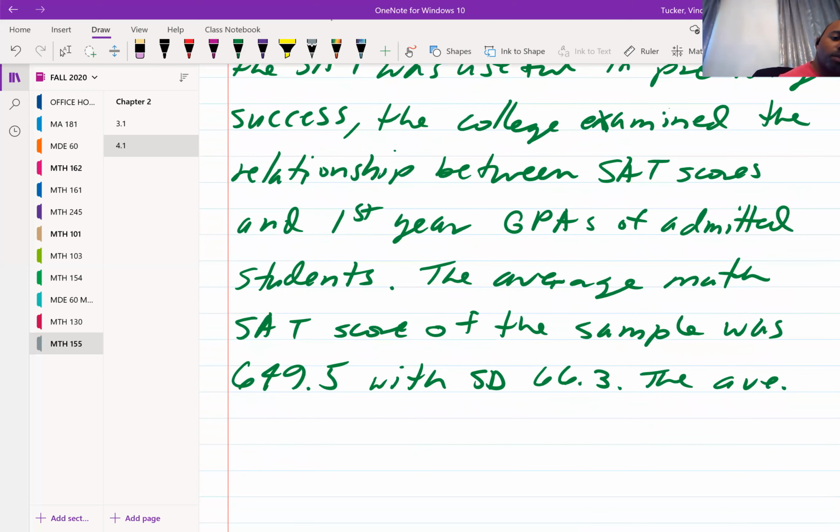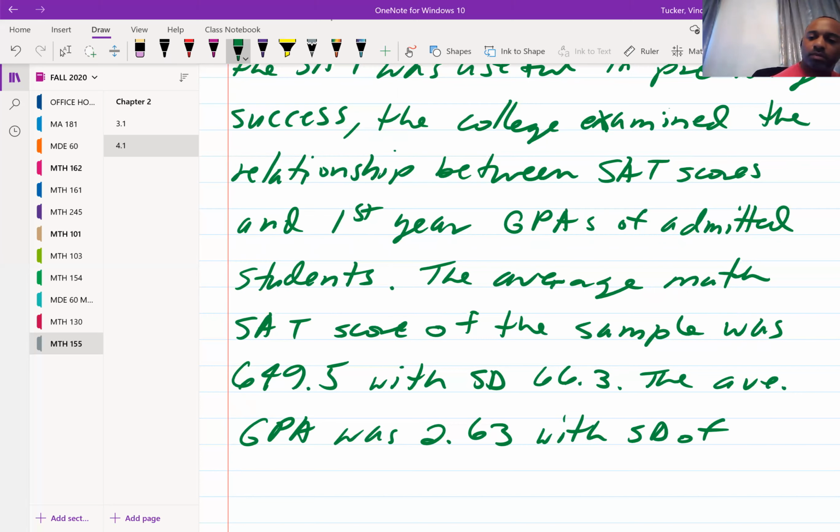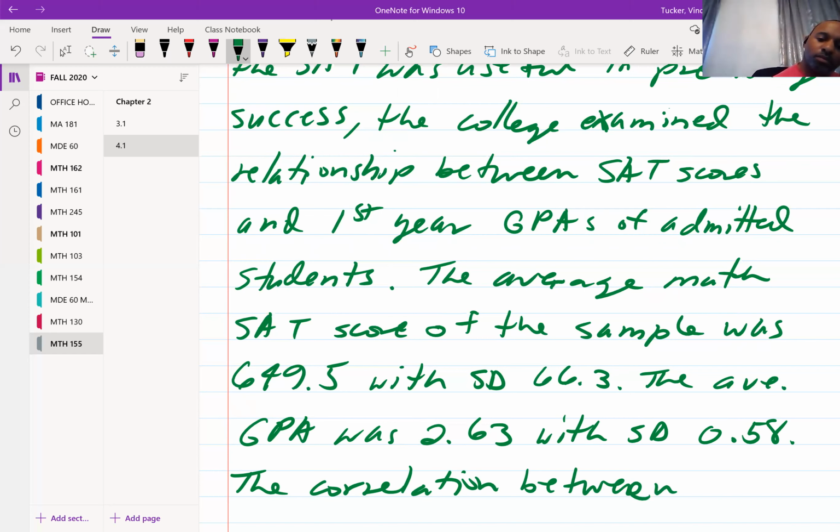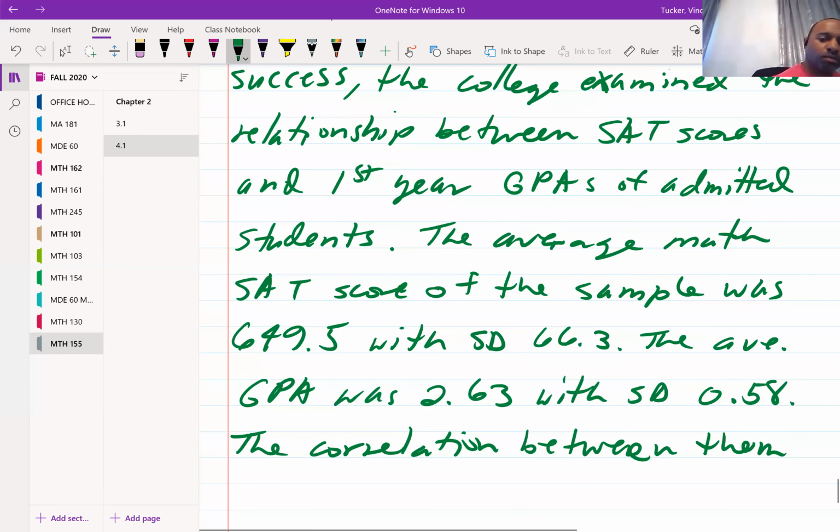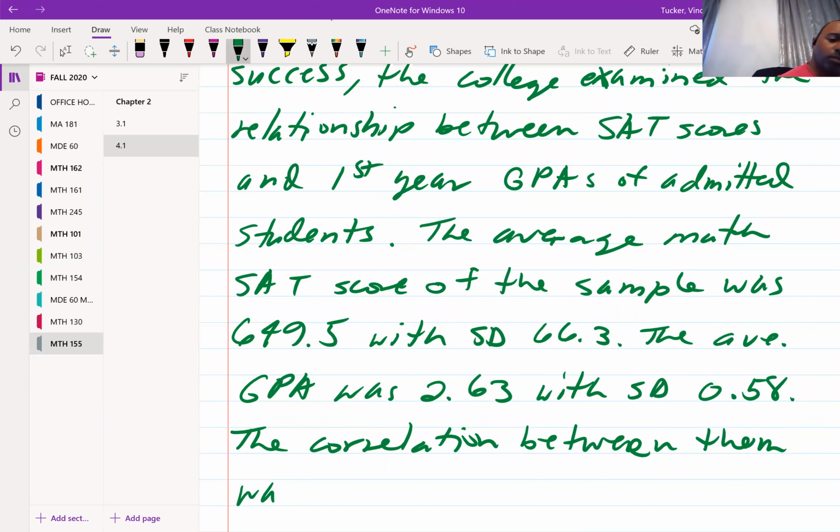Not the average GPA. All right, so in the middle, where did I do that?